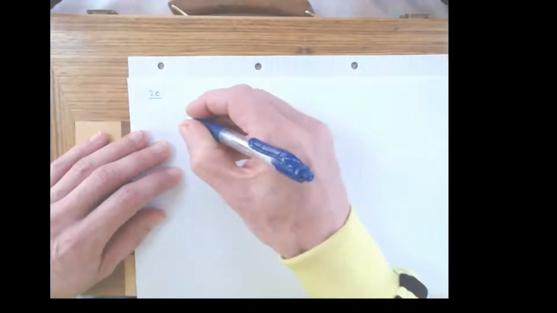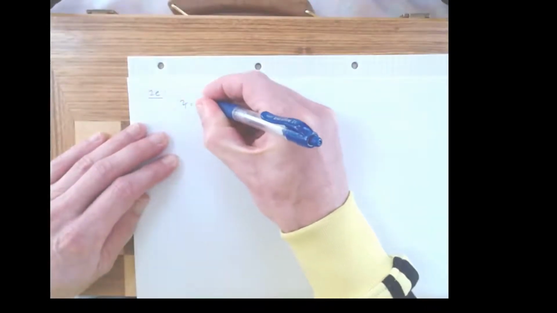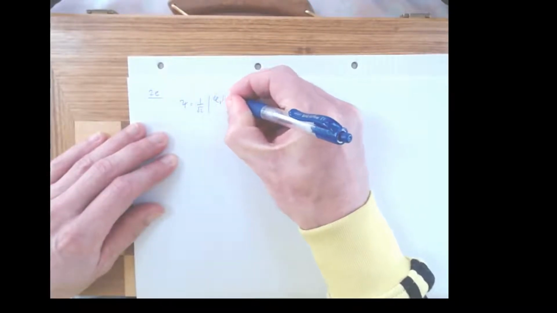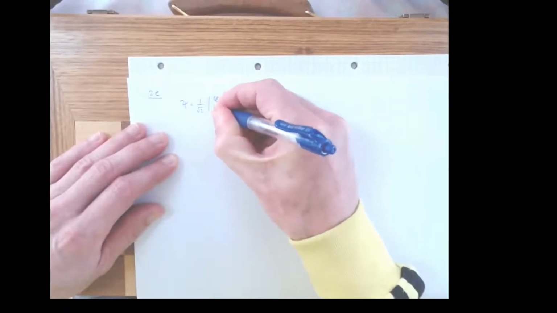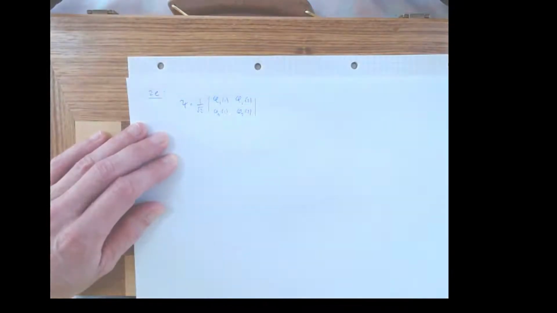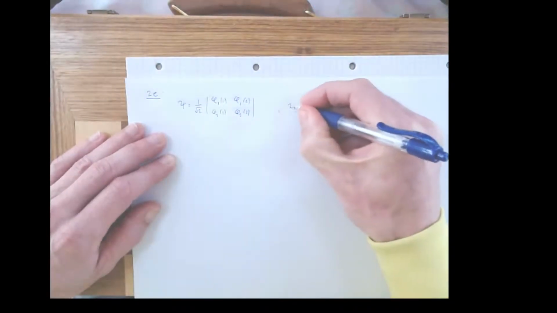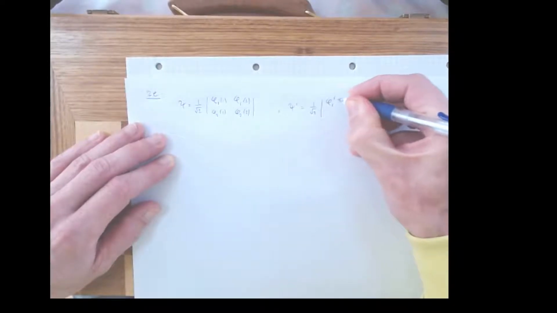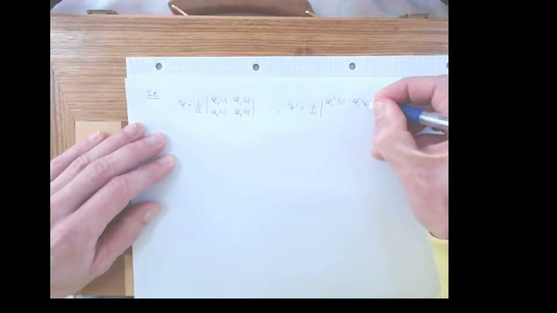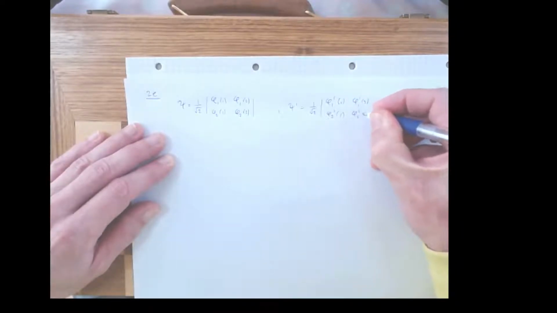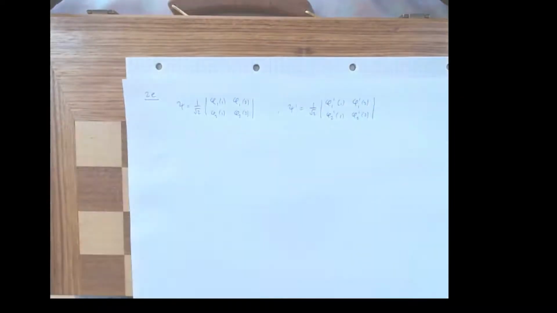So what this means is that I have one Slater determinant, which is this phi 1, 1, phi 1, 2, phi 2, 1, phi 2, 2. So this is the unprimed state, and then there's the primed one, which of course looks like this. So these are the two Slater determinants we will be considering.